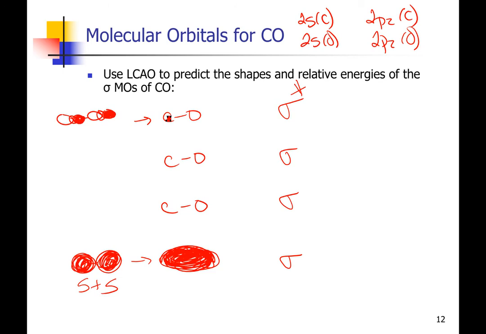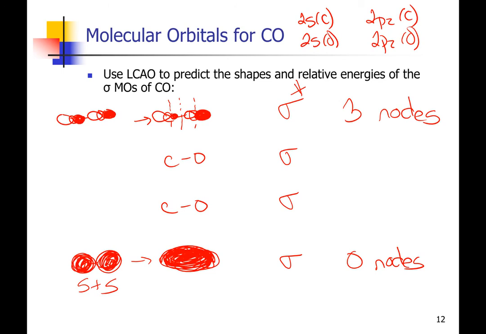And so it would look kind of like this. So here we have 0 nodes, and here we have 1, 2, 3 nodes. And that's going to be the highest energy molecular orbital from our set.